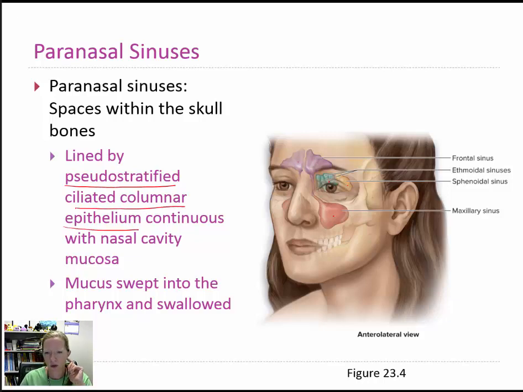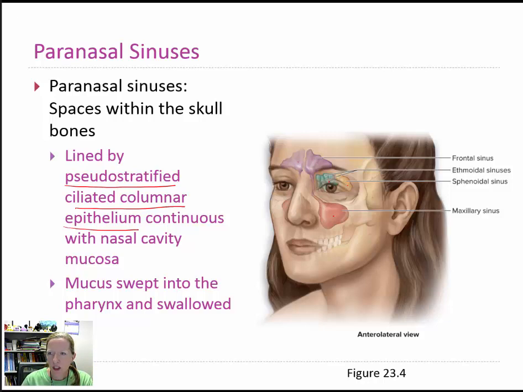Look at the ducts. They are going to eventually drain into that nasal cavity. So any mucus that's swept from there is going to go into the pharynx, and it's going to be swallowed, and it hits the stomach, and then there's the hydrochloric acid that's going to be there to help kill off any microbes that we might have caught inside of that mucus there.